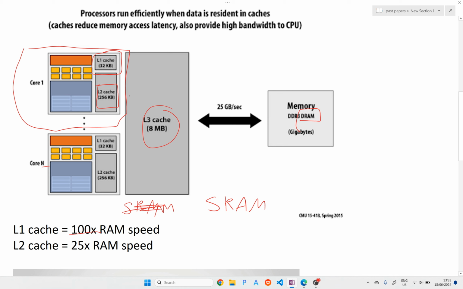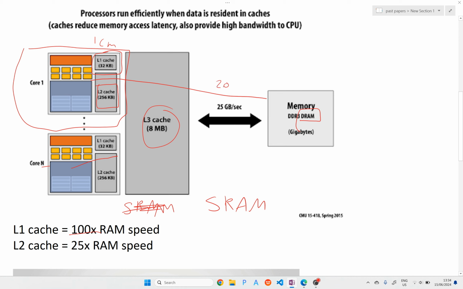Let's say the physical distance from the L1 cache to the CPU components, so the control unit, the accumulator, the registers, might be maybe 1 centimeter. Whereas from this thing to main memory, maybe this is 20 centimeters.